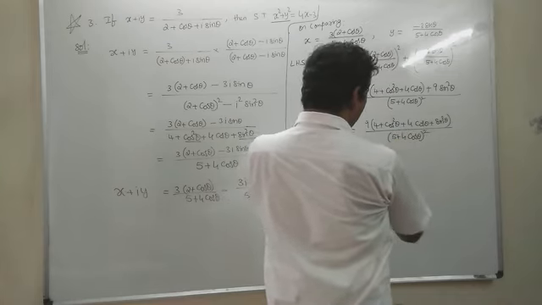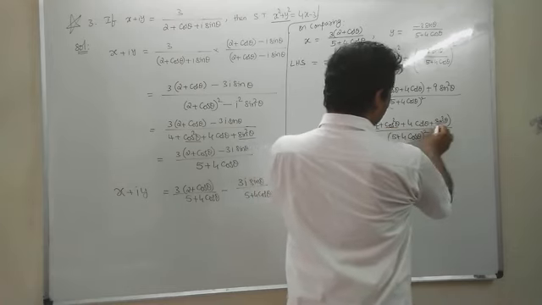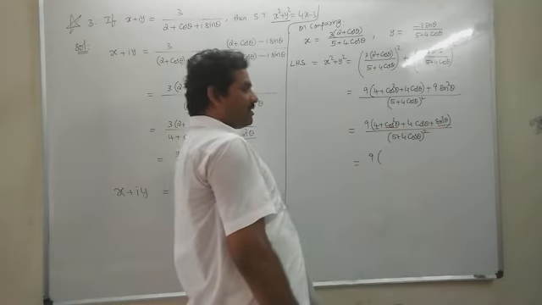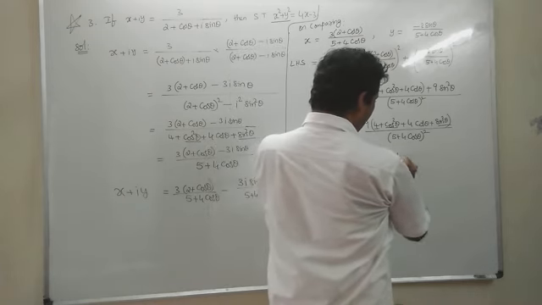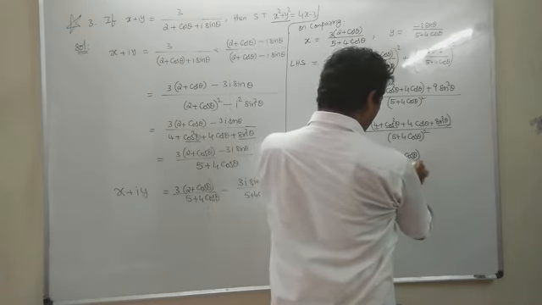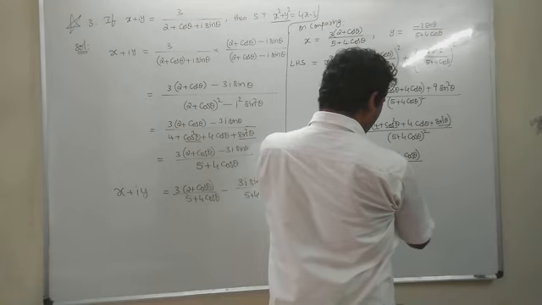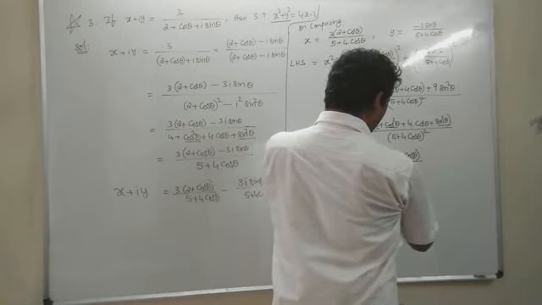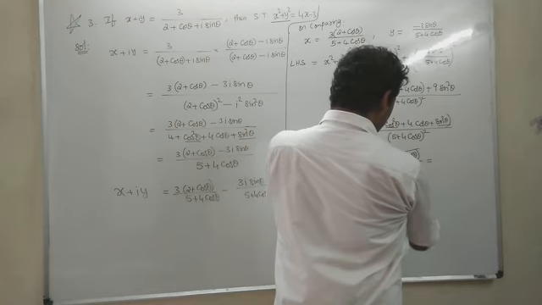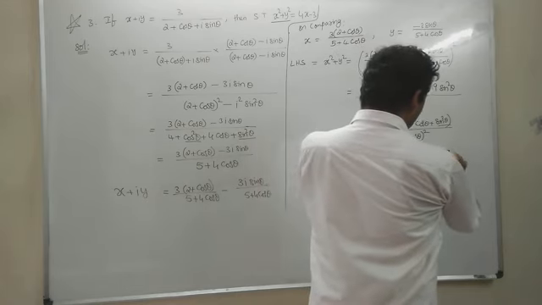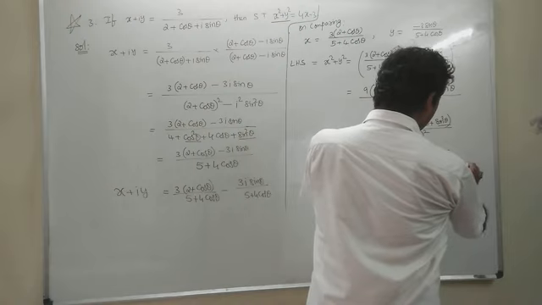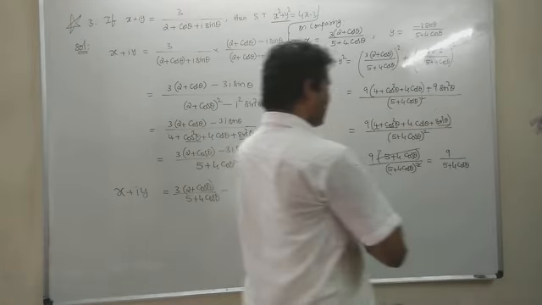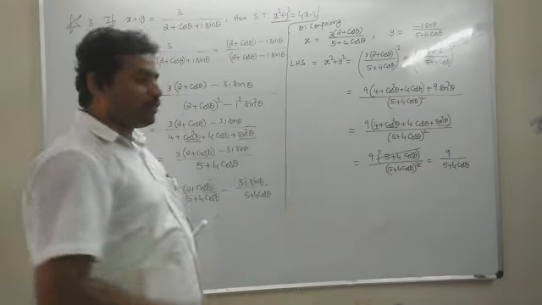What is the numerator? Cos square theta plus sin square theta is 1. 4 plus 1 is 5, so 5 plus 4 cos theta by 5 plus 4 cos theta whole square. This square cancels. What is this equal to? 9 by 5 plus 4 cos theta. That is the LHS.